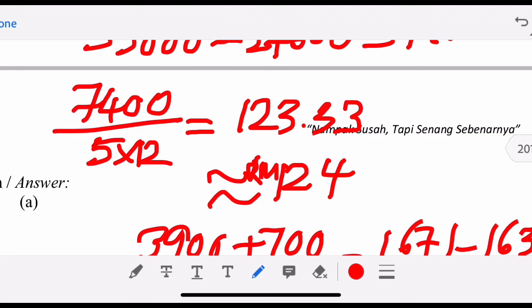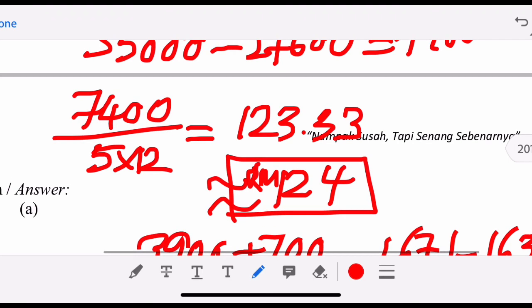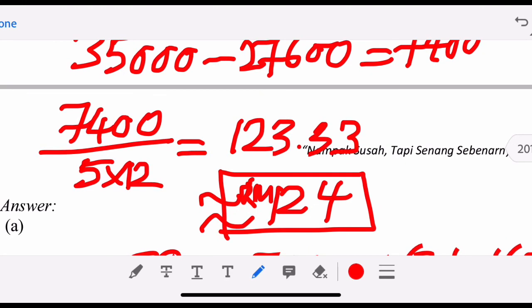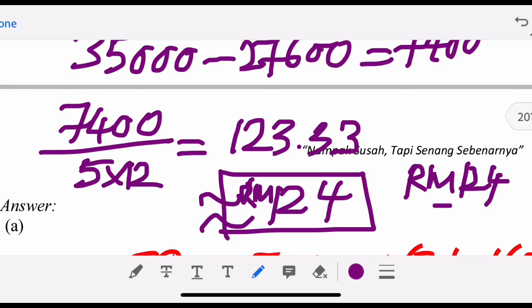So Puan Maisara need to save extra of 124 ringgit so that she can achieve her financial plan to pay the down payment for her second house. Alright, so the answer that you calculate is RM124.